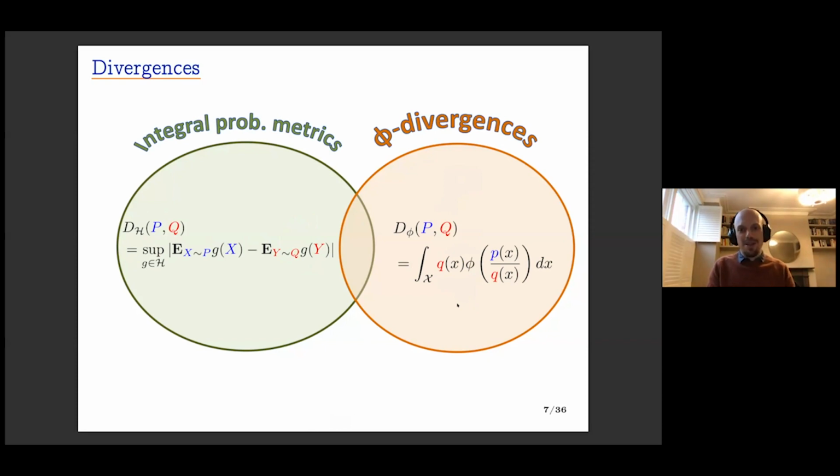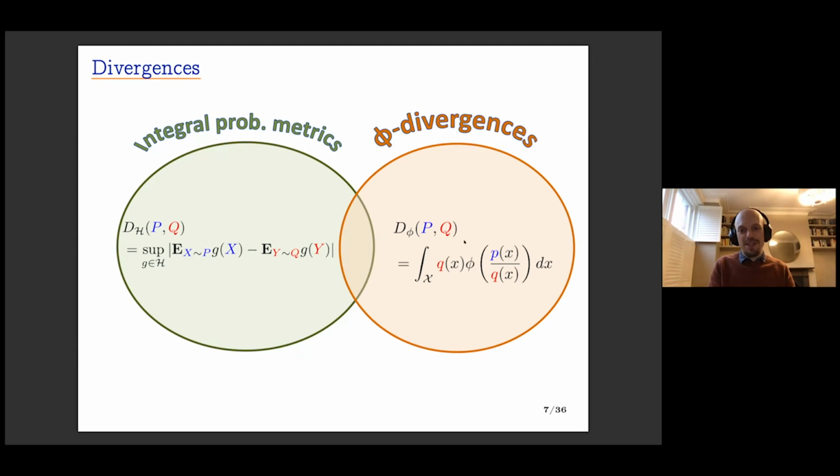The ratio philosophy gives rise to the phi divergences. In the integral probability metrics, we look for a function in a class of functions such that we maximize the difference in expectations under P and Q. I'm going to show this graphically in a moment, but the fundamental principle is that I'm looking at some witness of the difference of P and Q, P minus Q.